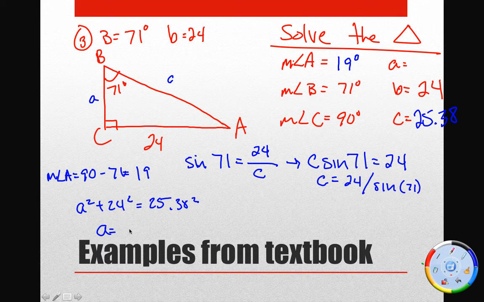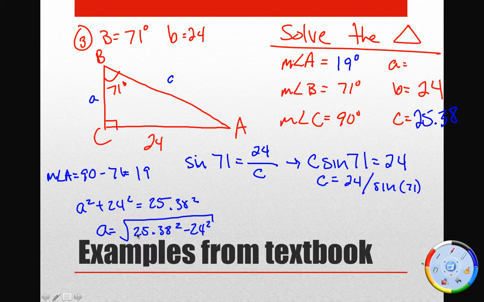So a is equal to the square root of 25.38 squared minus 24 squared. Because you have 25.38 as a calculator answer right now, you can use your ANS button.